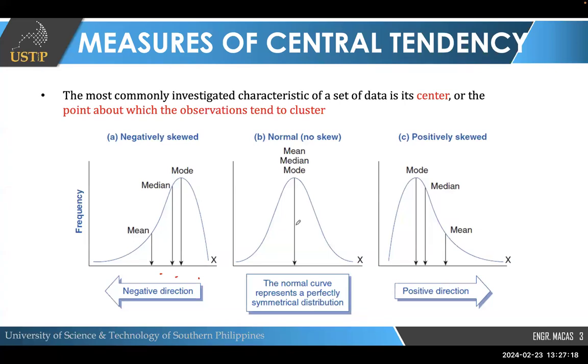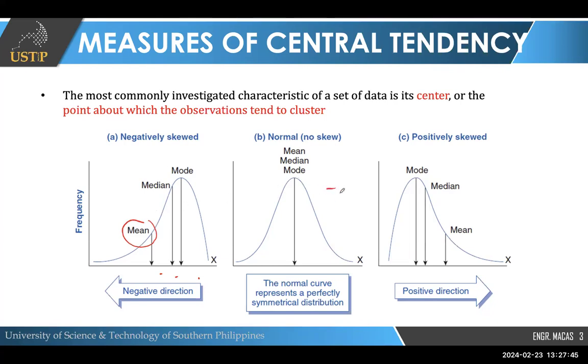We can also see the shape of our graph if it is skewed to the left or skewed to the right. So you have here negatively skewed, meaning it is slanting, class. Negatively skewed is when your skewness is on your left side, on the negative side. And that means your mean is somewhere here, and then your median and your mode are both to the right of your mean.